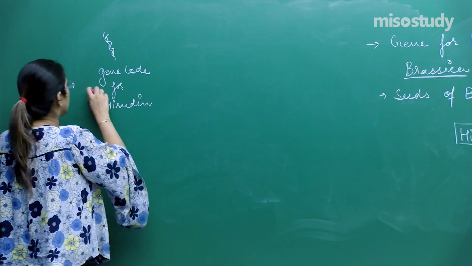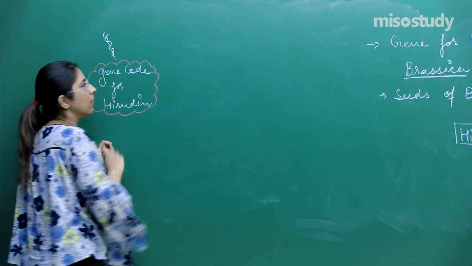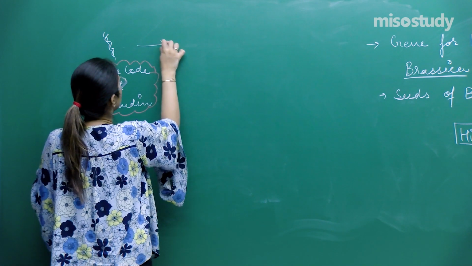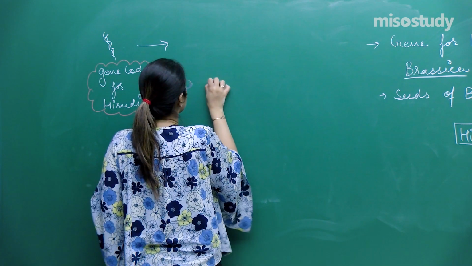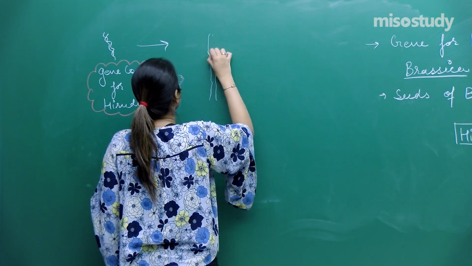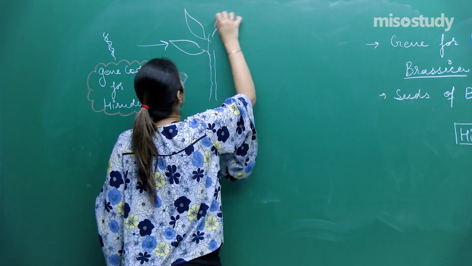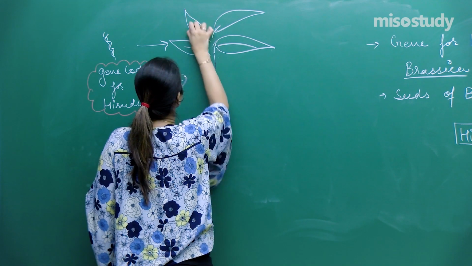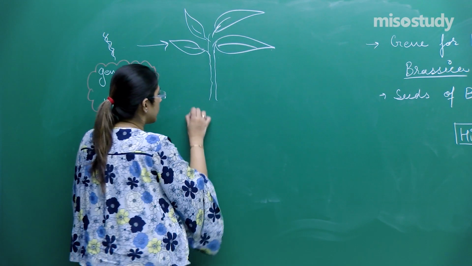This was taken out, and when this was taken out, it was inserted into the plant. That was a Brassica napus.